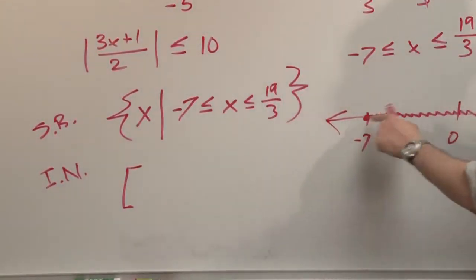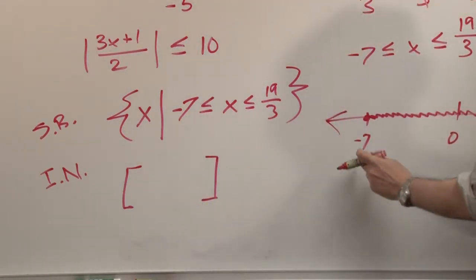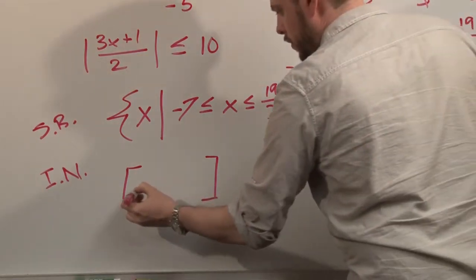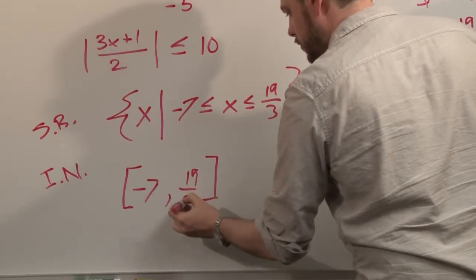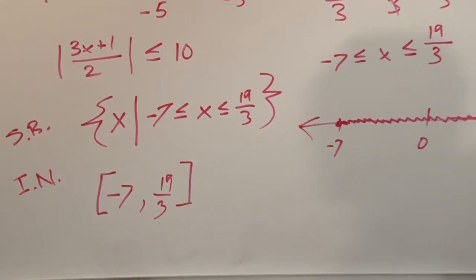In this case, we're including both boundaries, so we use square brackets on both sides. And then we move from smallest number to biggest number. Our smallest number goes on the left, and our bigger number goes on the right. Those are the visual representations of our solution set for this inequality. All right?